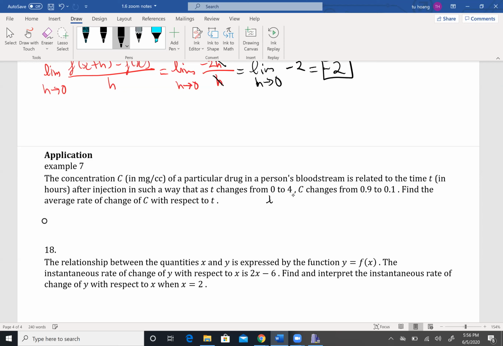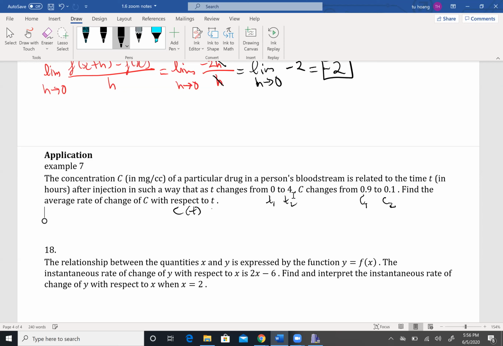So T1, T2, and C changes from 0.9 to 0.1. Oh, so it just gives you C1, C2 right away. Okay, and find the average rate of change of C with respect to T. Remember that it is a function of C of T, right?